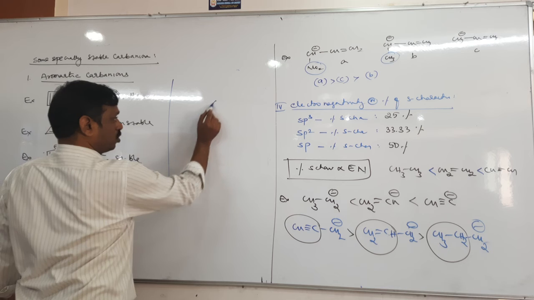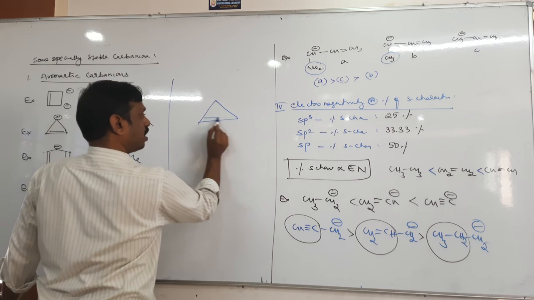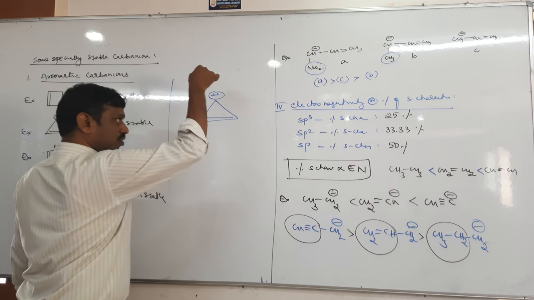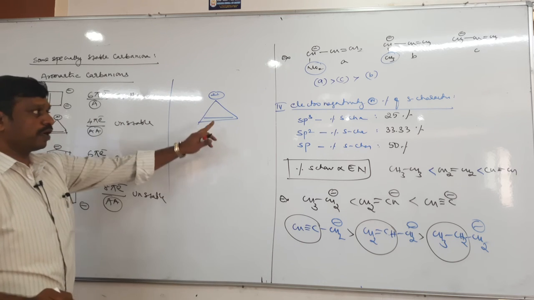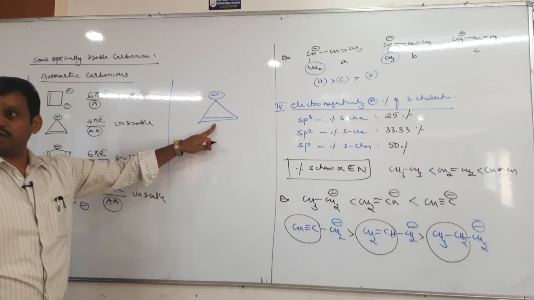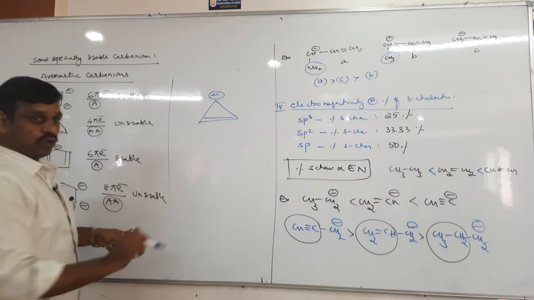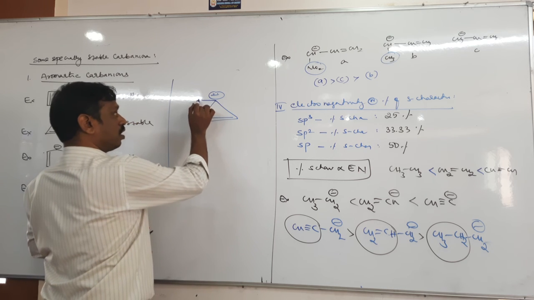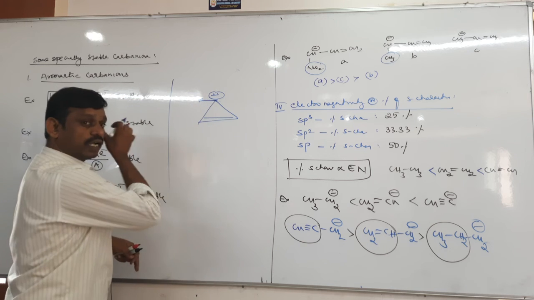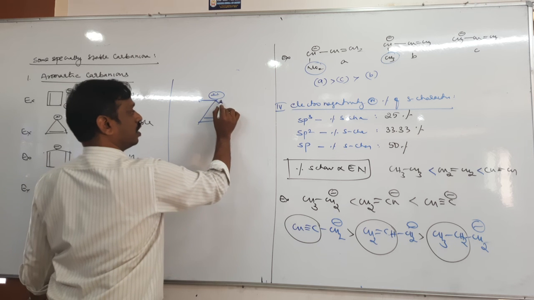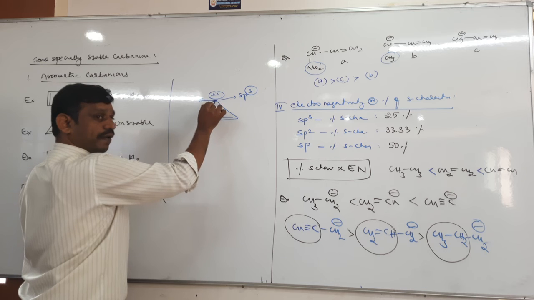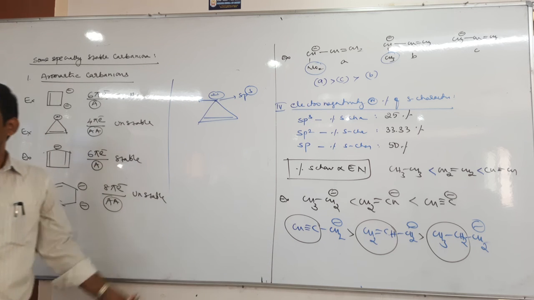Why? Suppose these 2 electrons do not enter into the conjugation, it becomes 2 pi electrons, it becomes stable. But we need to see the planarity for aromaticity. If these 2 electrons do not enter into the conjugation, what hybridization does it become? It becomes sp3 hybridization. If sp3 hybridization, it becomes non-planar. If it is non-planar, again no aromaticity.